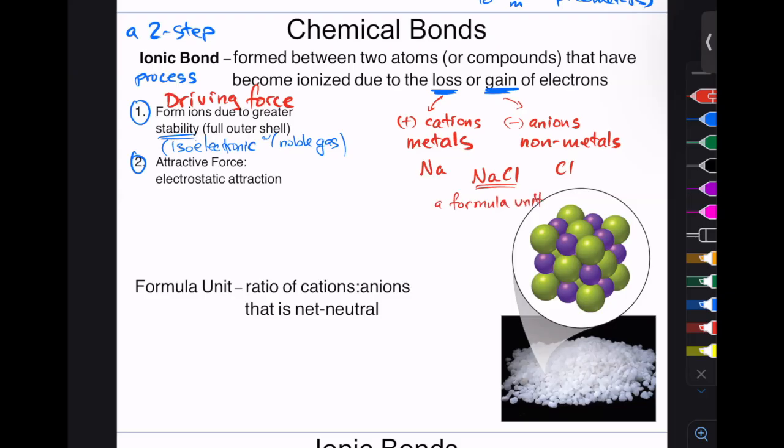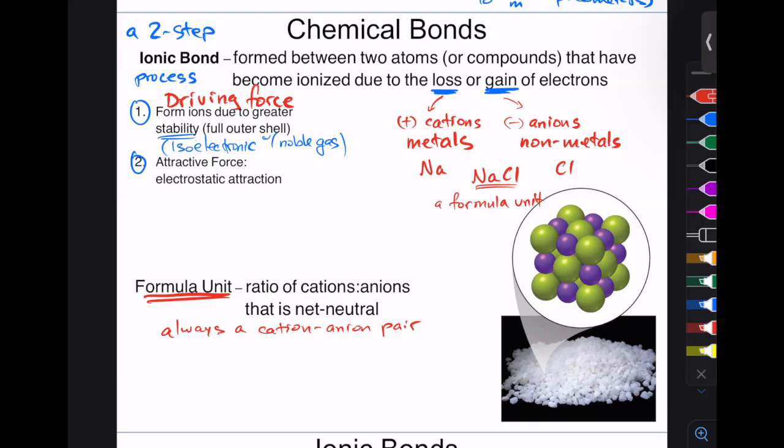And here is our definition of the formula unit. It's the ratio of the cations to anions that give you a net neutral pairing. You're always going to have a cation anion pair, okay? When you figure out what the formula unit is, it's really the lowest integer ratio.